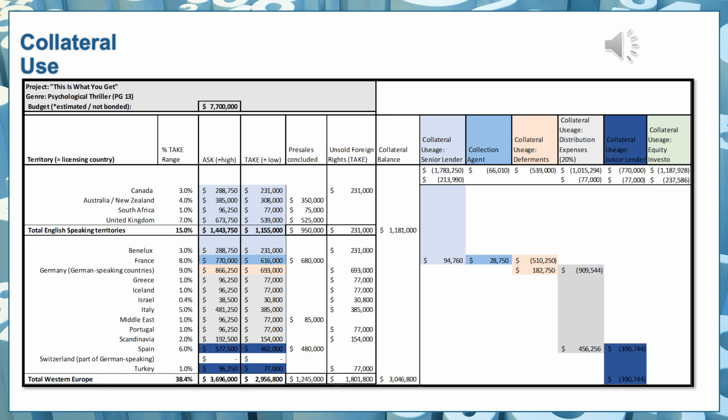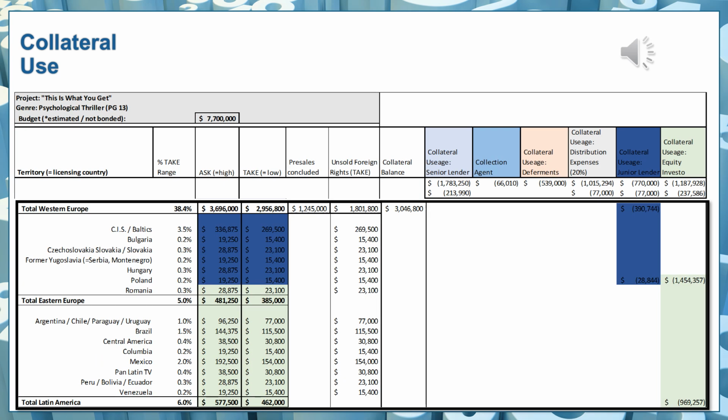And you see that all the territories from Romania down, total Eastern Europe, total Latin America, all the way down to ancillary rights, including already using some of the US revenues to be able to pay the equity back. So what that tells you is that we will have a lot of these territories allocated as collateral to be paying back our financiers.